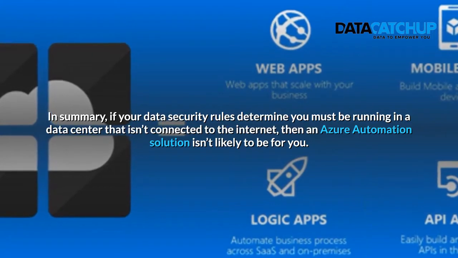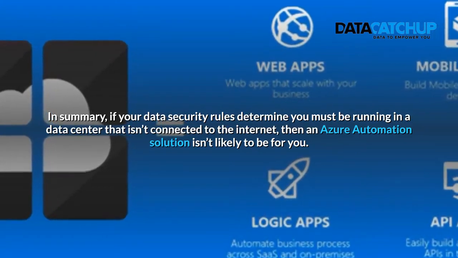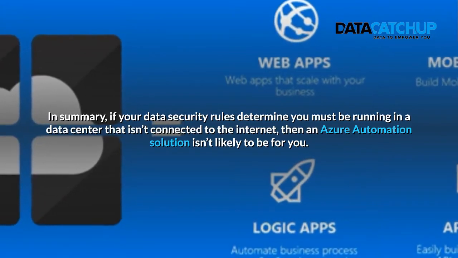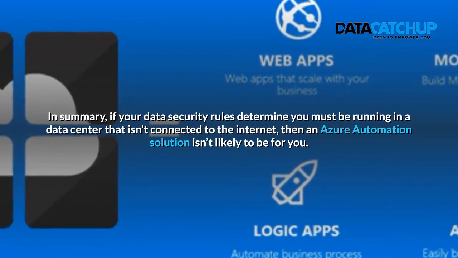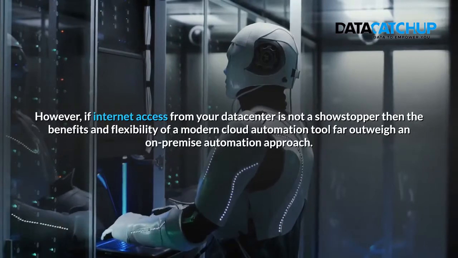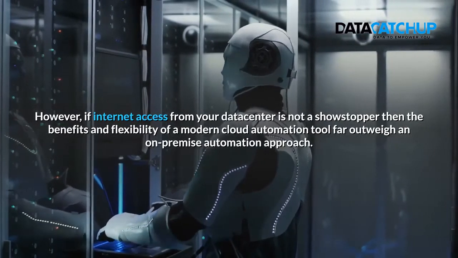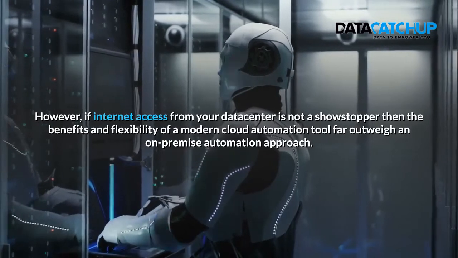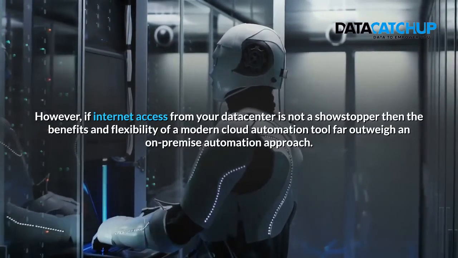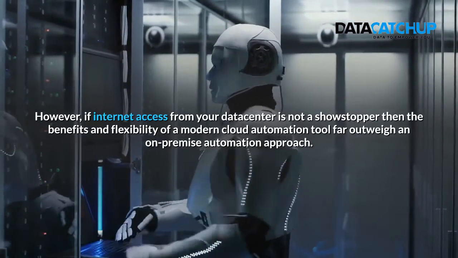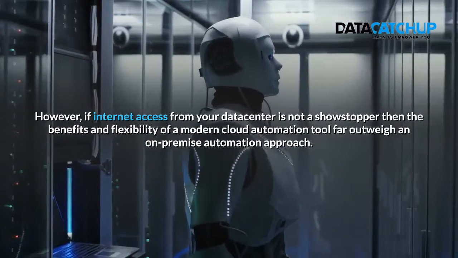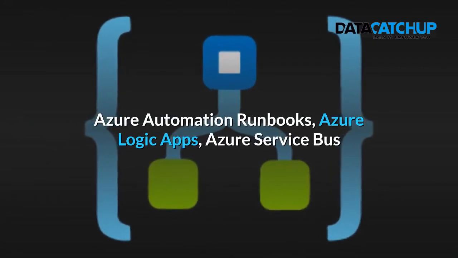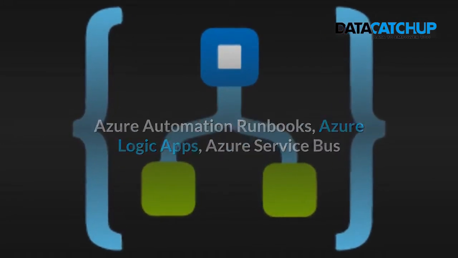In summary, if your data security rules determine you must be running in a data center that isn't connected to the internet, then an Azure Automation solution isn't likely to be for you. However, an internet access from your data center is not a showstopper. Then the benefits and flexibility of a modern cloud automation tool far outweigh an on-premise automation approach.